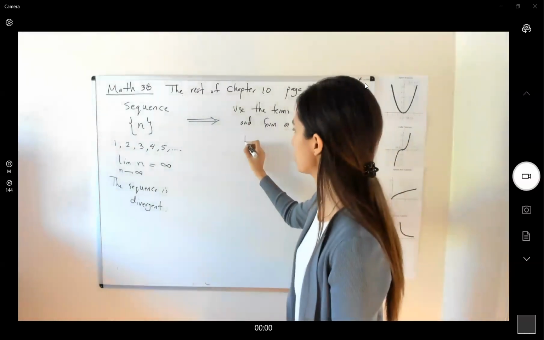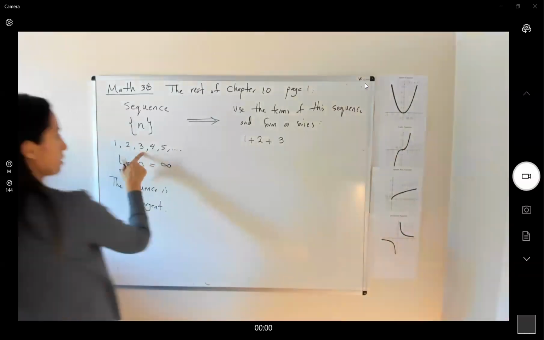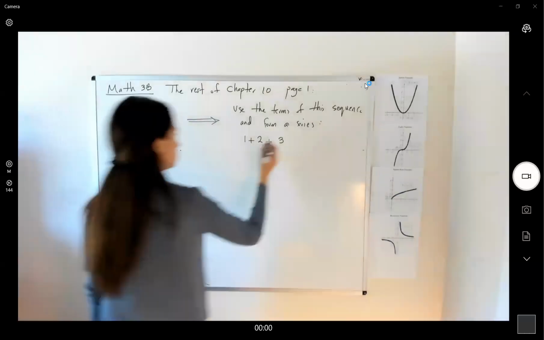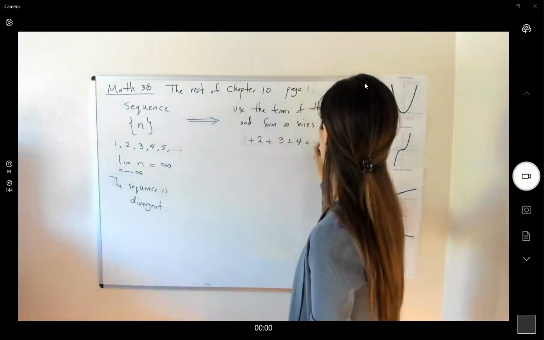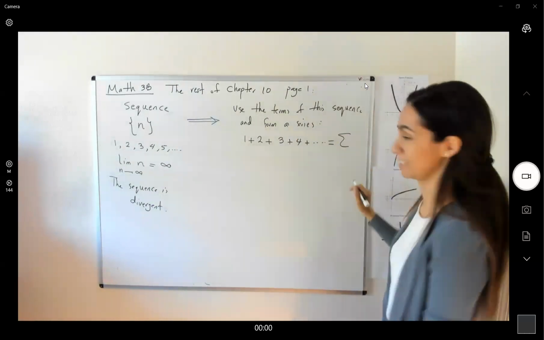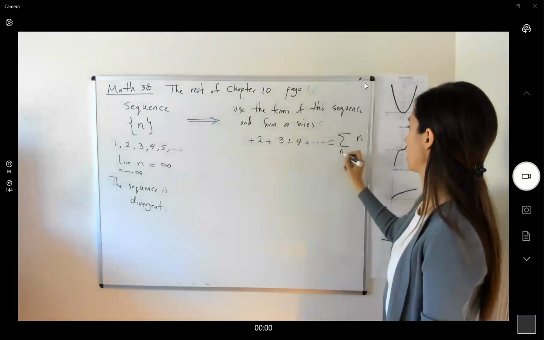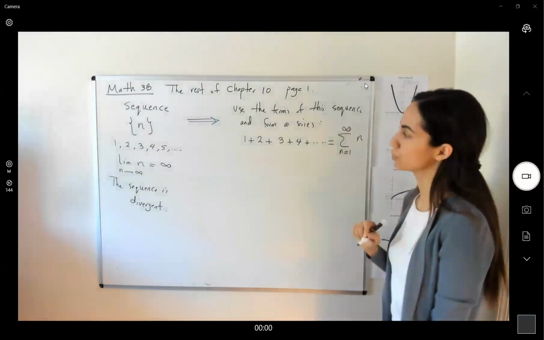So the first term plus the second term plus the third term plus the fourth term plus the fifth term, and so on. This is a new object, your series. The general term is n, so you copy this down. n starts from 1 and goes to infinity.